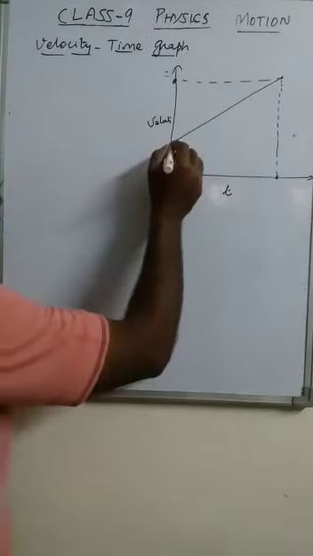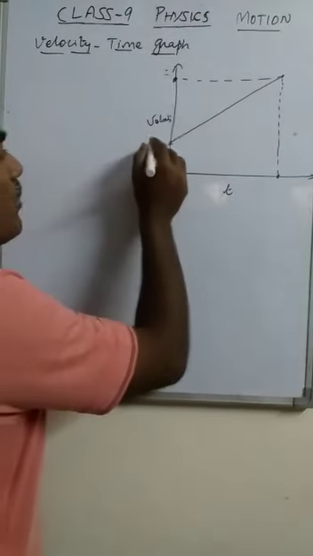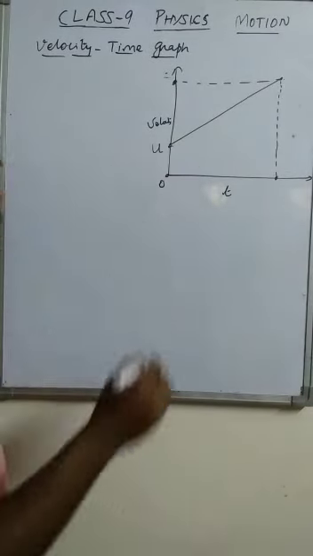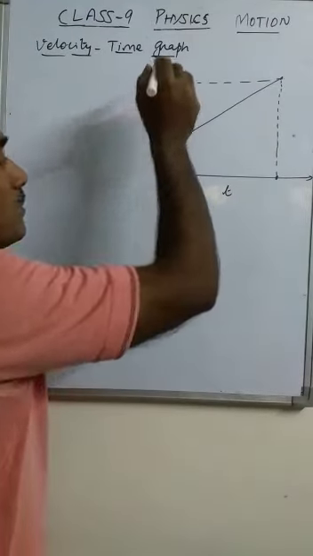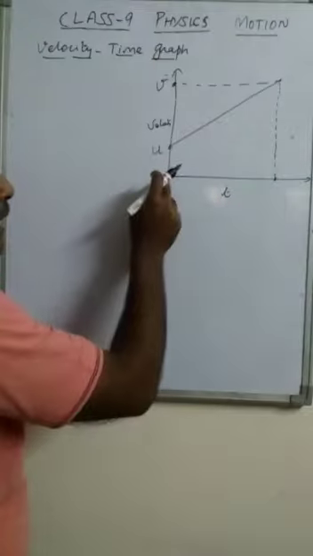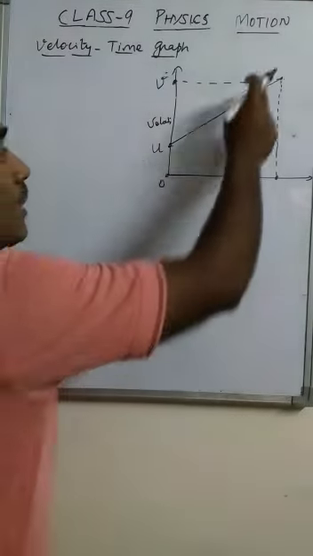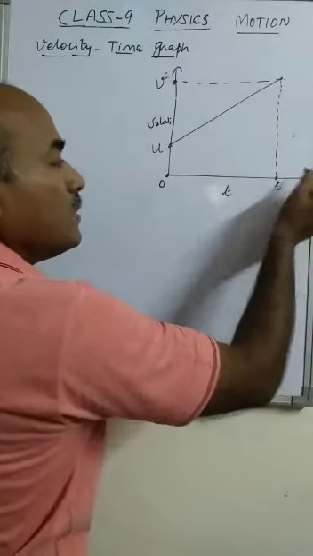Here at this point, we take its velocity as the initial velocity, that is u. At this point, it is having the final velocity v. At the beginning, its time is taken as 0. Here we take the time as t.